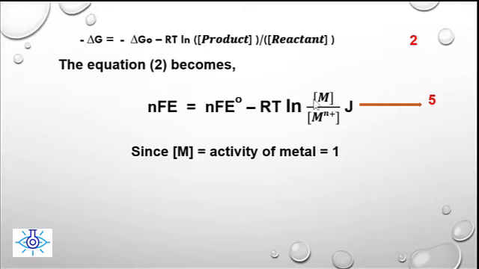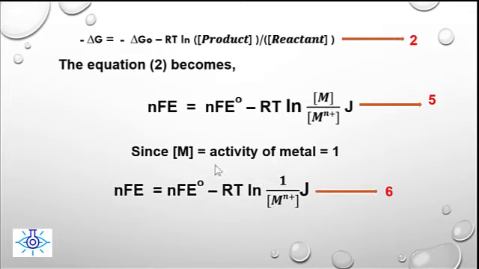Actually, M is a pure solid metal, and for any pure solid metal, the activity of the metal will be 1. So by replacing the value of [M] as 1, the equation becomes nFE = nFE0 - RT ln 1/[M^n+] joules.